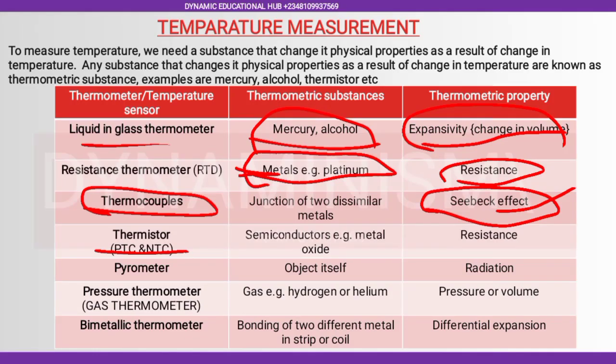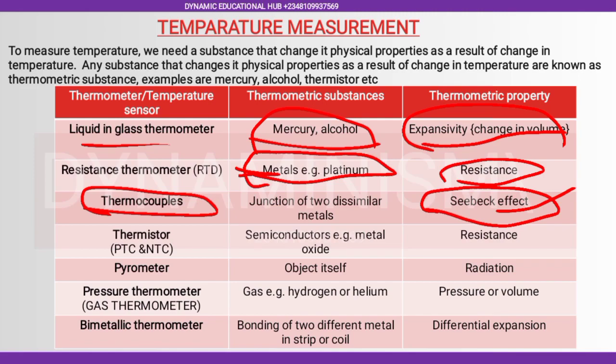Let me explain this. I've seen some past questions on PTC and NTC. If any material has PTC, a positive temperature coefficient, it means that as the temperature is increasing, the resistance is increasing. That is what we know as positive temperature coefficient, PTC.